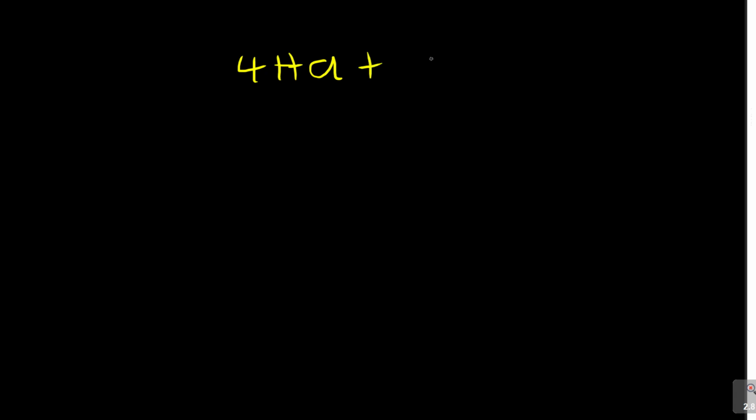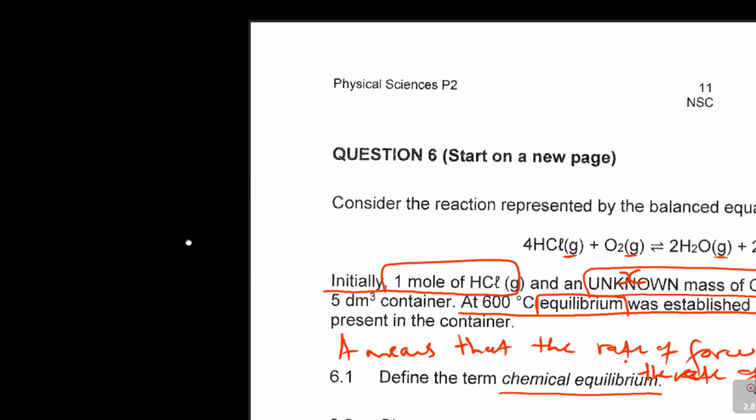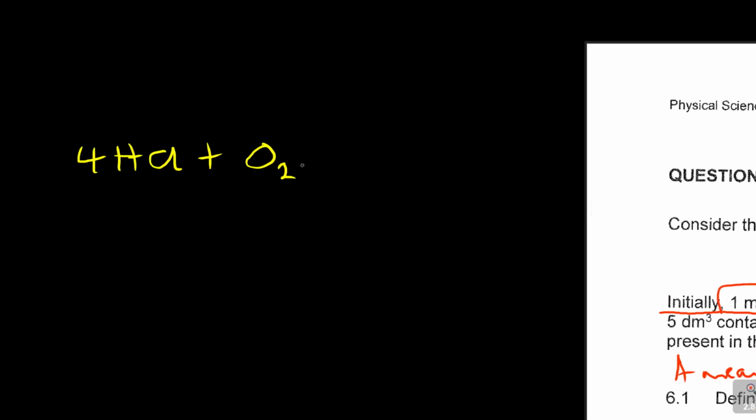So let me write this. 4HCl plus oxygen. How many molecules of oxygen? 1. Is 2H2O. So more of it is going, like in the beginning there is less of that, meaning it's moving forward, plus 2Cl2.